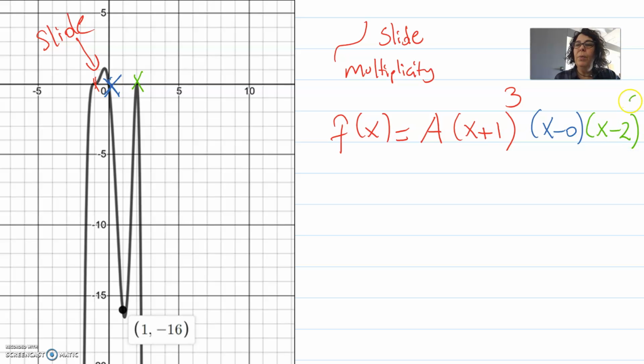And that will be squared because it's touch. This is touch. That's why touches will be square. And 0 is a cut. If it is like that, the blue one, that will be cut. And that's here. That's why cut will be first degree.